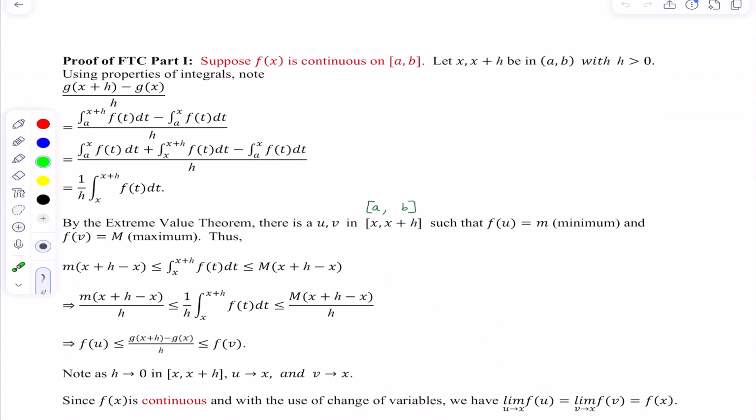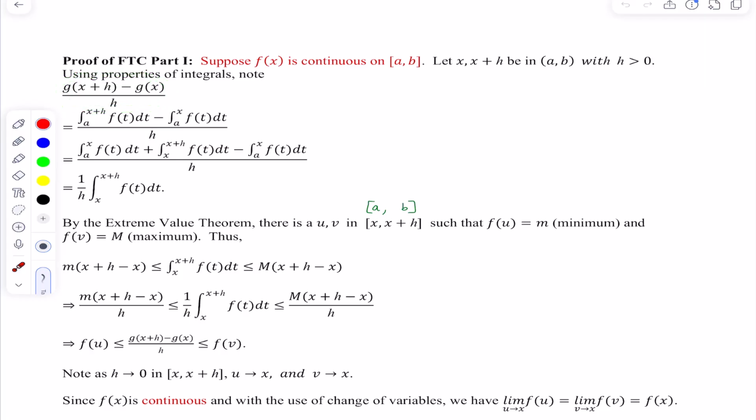We're going to try to show that g of x is differentiable by using the definition of the derivative. Suppose f of x is continuous on a closed interval a to b. Let x and x plus h be x values in that open interval (a, b), with h greater than 0. Using properties of integrals, we'll go ahead and observe the difference quotient.